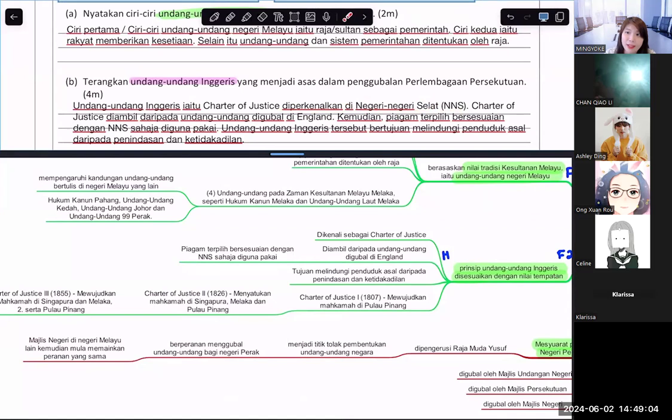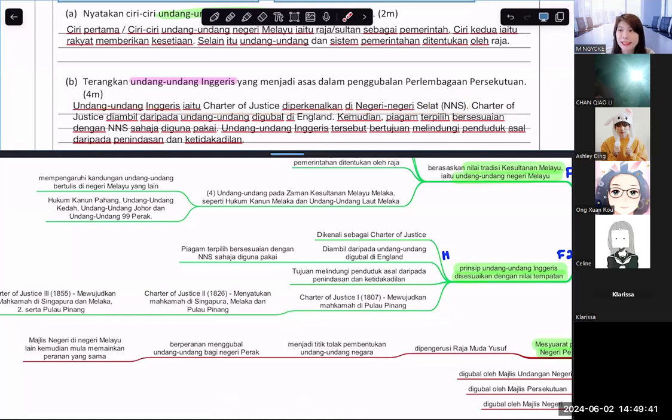But SPM standard, it is allowable to put the short name as long as your notes or your textbook has the short name. NNS is definitely can write short name in your exam because it's given. It's given. So, you can just write Undang-Undang English yaitu Charter of Justice diperkenalkan di NNS.